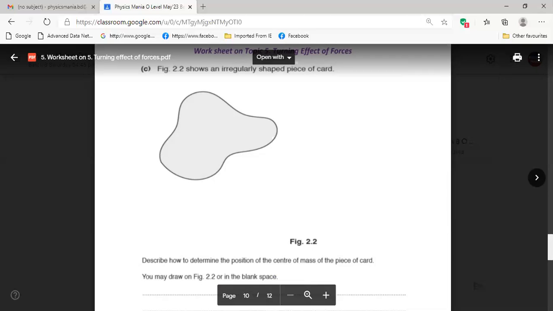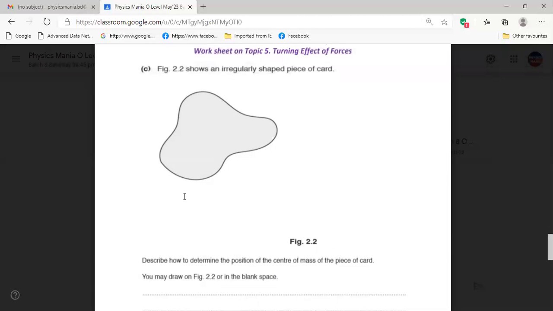Similarly, we will do it for the other 2 holes, and where all these 3 lines, the lines drawn by the ruler, intersect each other, that is the center of mass, right? Yes, sir. So it's clear to you, right? Yes.